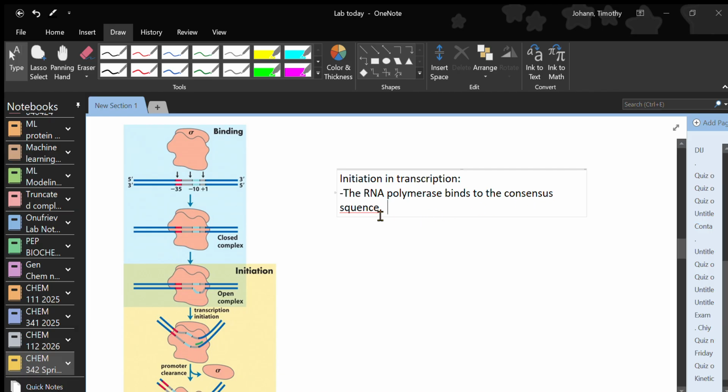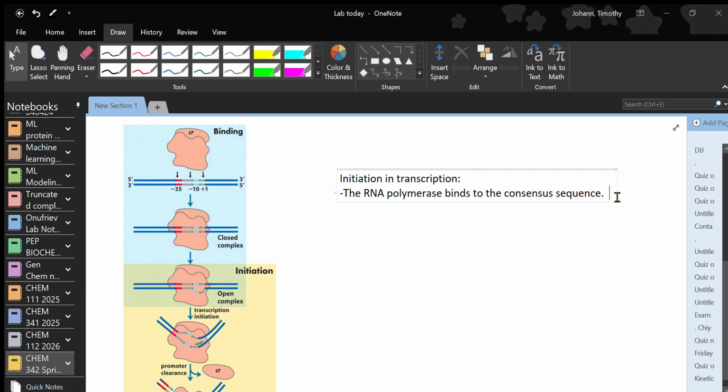Now you'll notice we're not seeing just the RNA polymerase. We're also seeing this other thing here. This is called a sigma factor right here. See a little sigma on it? So we have sigma factor there.